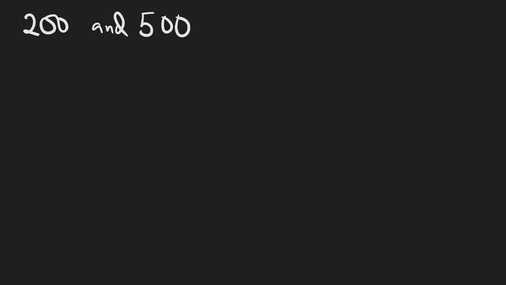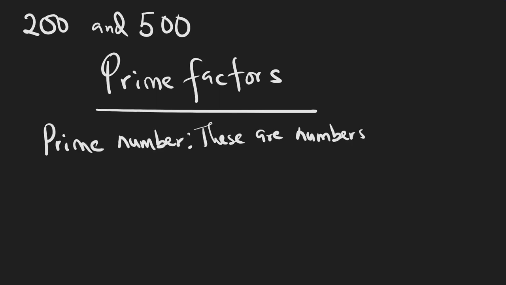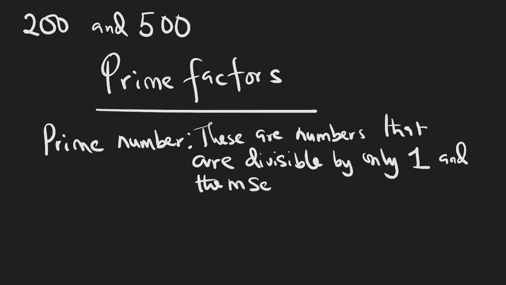The simplest way to solve the highest common factor of a pair of numbers is using prime factors. Prime factors. From the word prime factors, we can hear prime. What is then a prime number? A prime number is a number that is only divisible by 1 and itself, right?